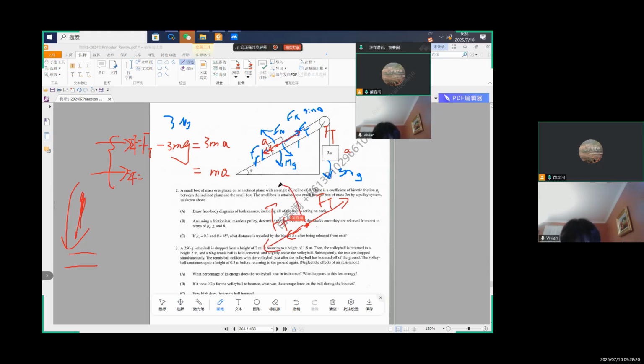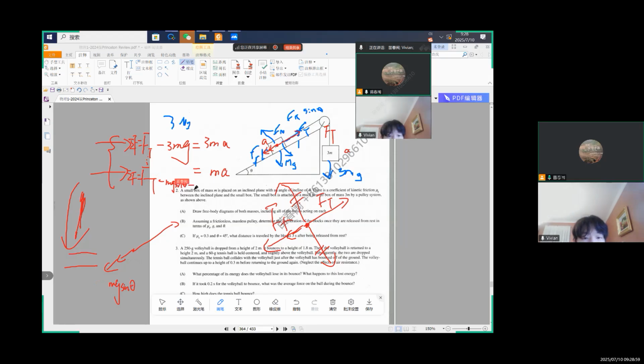I don't have to think about the two directions, since this one balances with this one, so all I need is these three. I add all three together: one is in this direction, the other in the opposite direction. I assume this one is bigger, because the block moves in that direction. So I use F tension, the same magnitude as here, minus mg sine theta, the component from gravity, and the other one is friction.